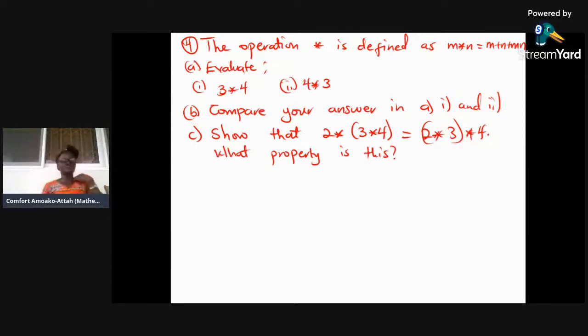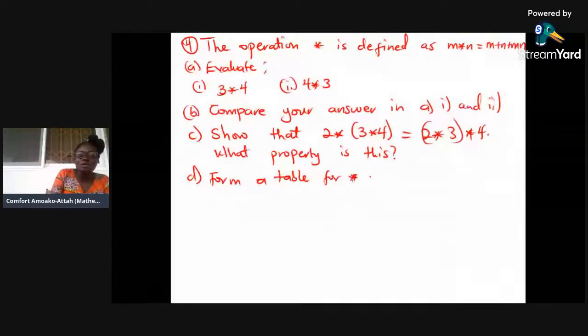Okay. Then the last part, the D part. Form a table for this operation on the set S equals 1, 2, 3, and 4. That is that.